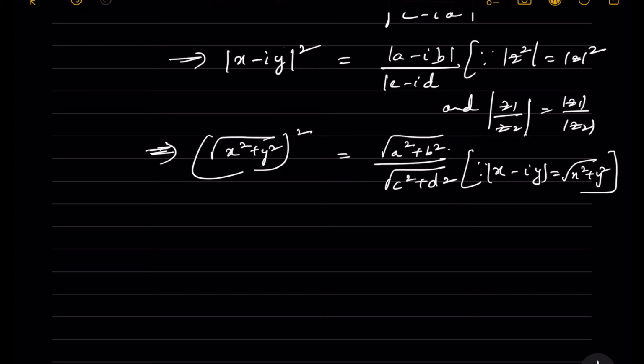So now we have x square plus y square whole square equal to, the root is going to get cut off, a square plus b square by c square plus d square.